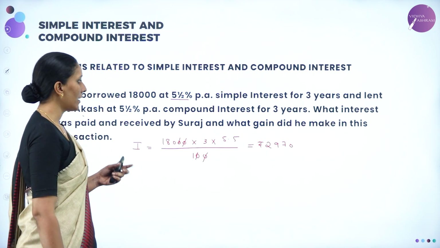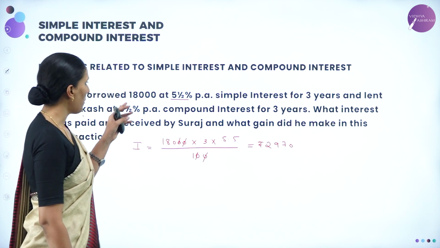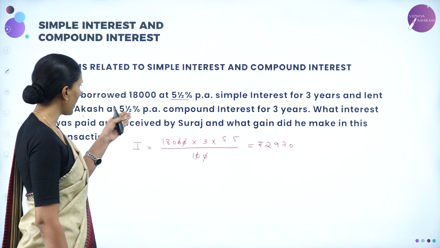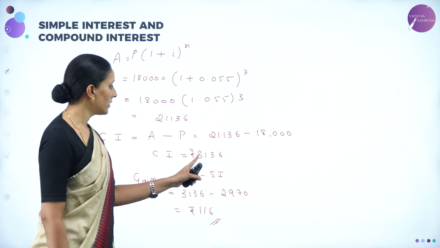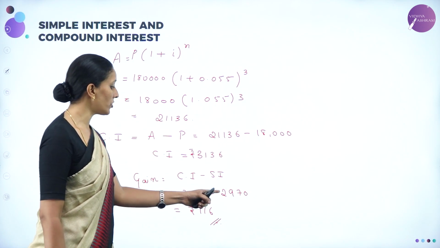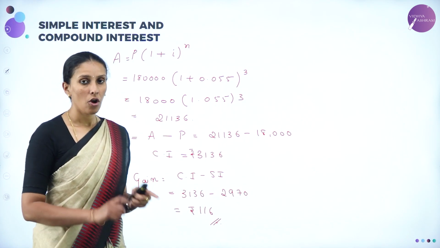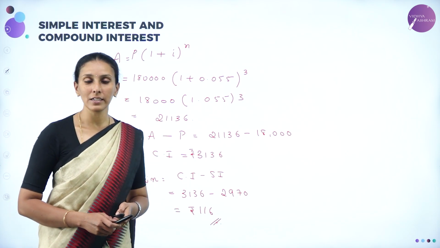Thus we can conclude that Suraj has invested an amount of 18,000 to Akash at 5.5% per annum compound interest. So he earns an interest of 3,136. But for the same amount, he has paid the interest of 2,970. Obviously, he'll get a profit, and that profit was rupees 116.